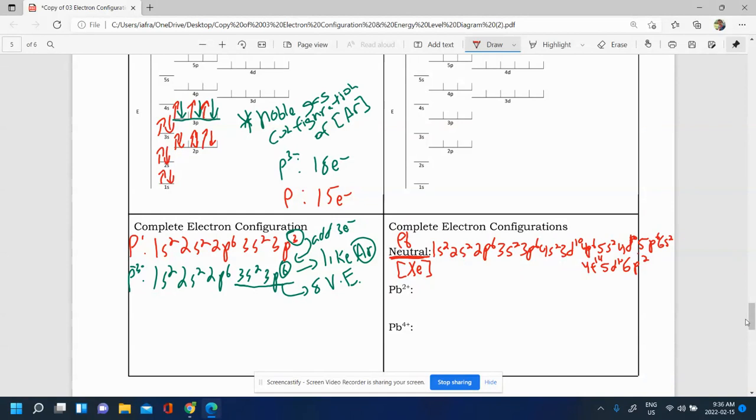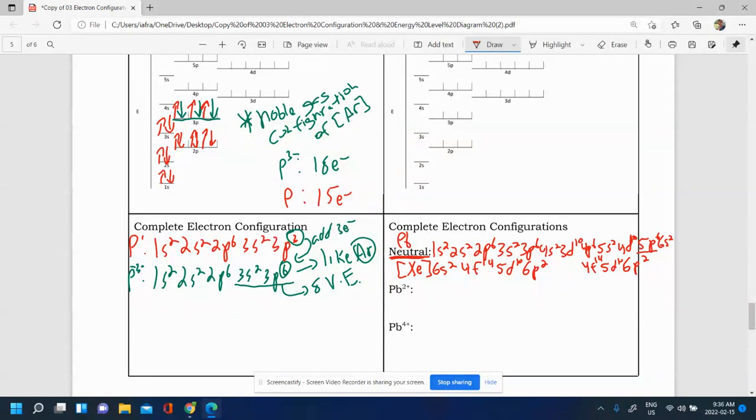And so I would get 6s2, 4f14, 5d10, 6p2. So this would be our electron configuration, the shorthand notation for it.